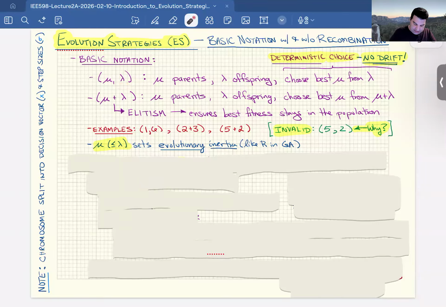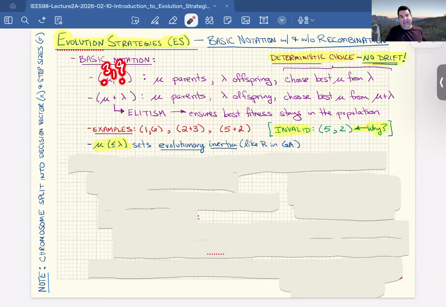So if you need to produce, let's say this is 3 comma 9, if you need to produce 9 offspring, then you're going to iterate and say, okay, we're on offspring 1. Well, for offspring 1, we're going to choose randomly among these 3 parents. So remember, this is 3 comma 9. So for the first offspring of these 9, we're going to choose randomly from these 3 parents to be the source of that.